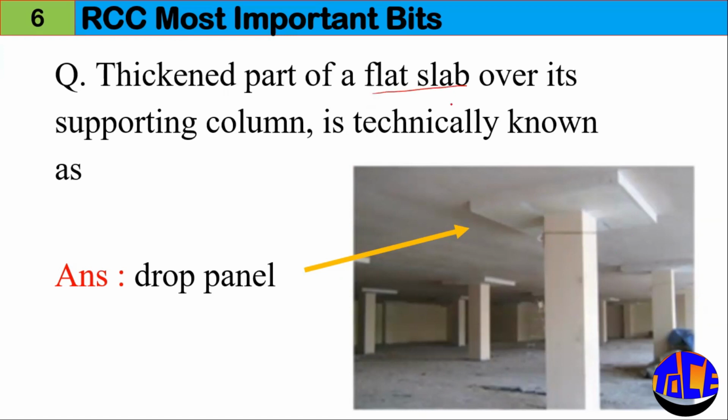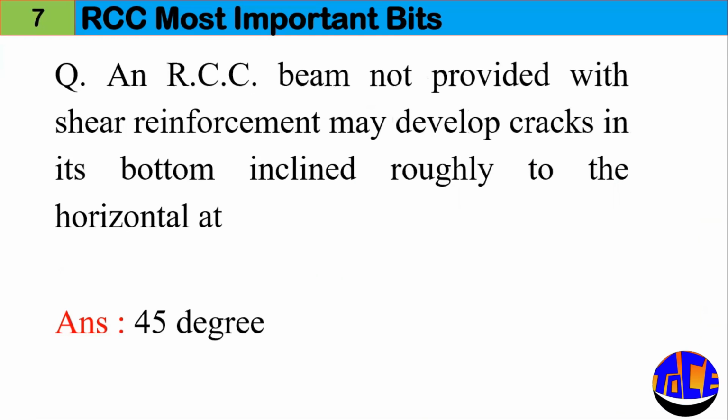So flat slabs are the slab which is rested directly over the column. Question number 7. An RCC beam not provided with shear reinforcement may develop cracks in its bottom inclined roughly to the horizontal at 45 degree, or it is also called as diagonal cracking.